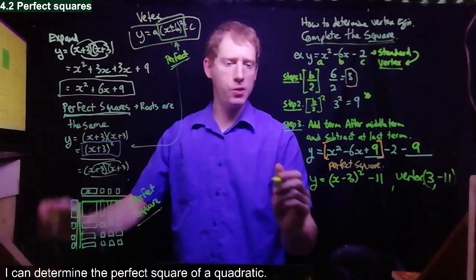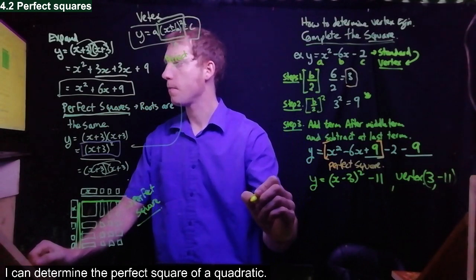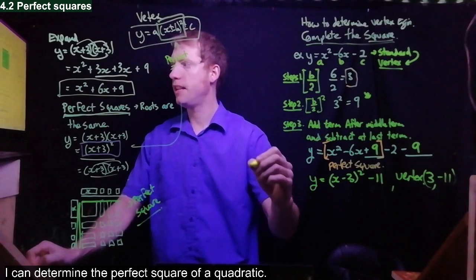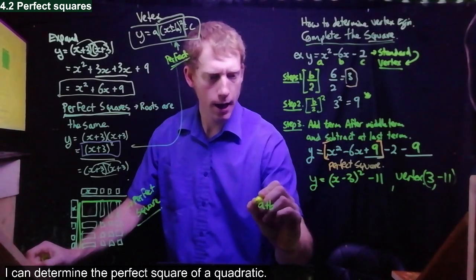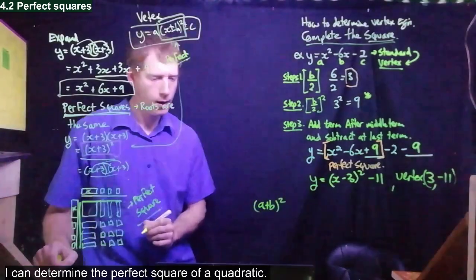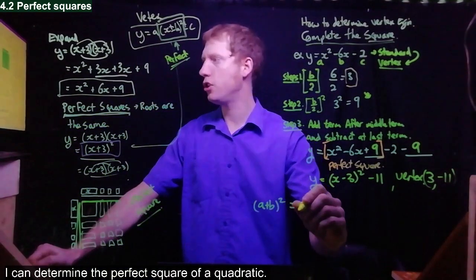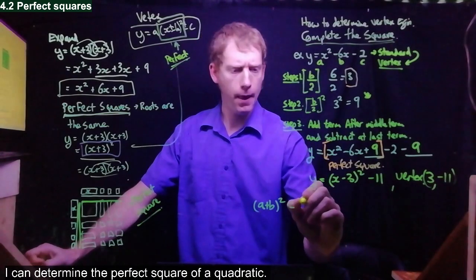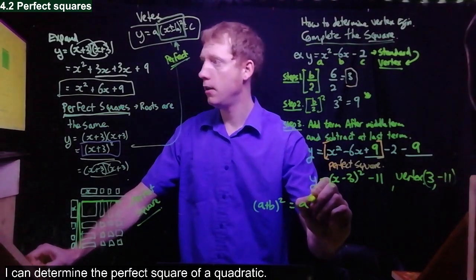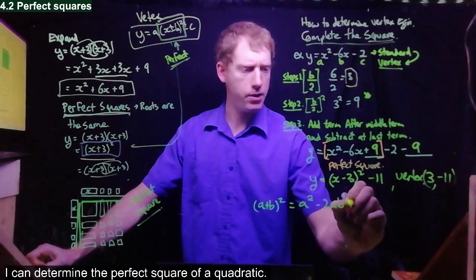If I need to expand, we have this thing called the sum and difference of squares. So if I have a plus b squared, if I were to expand this, it's going to be equal to a squared plus 2ab plus b squared.